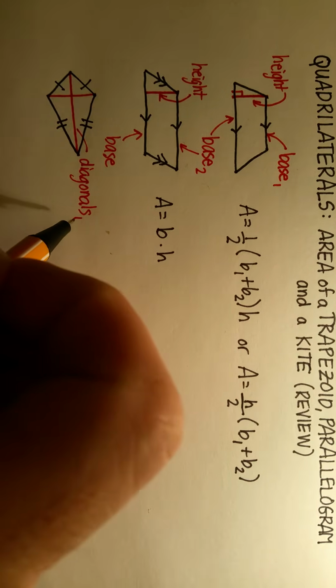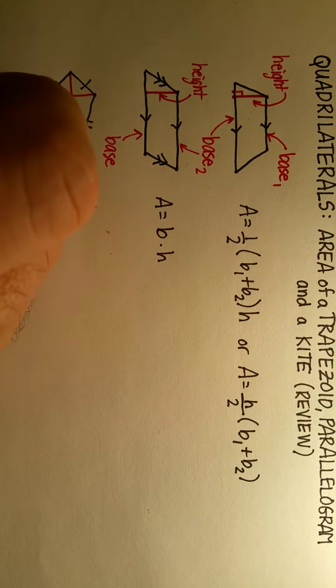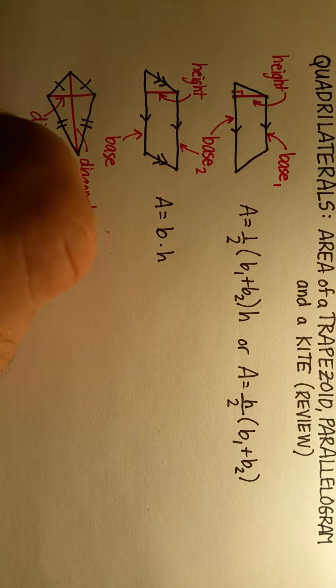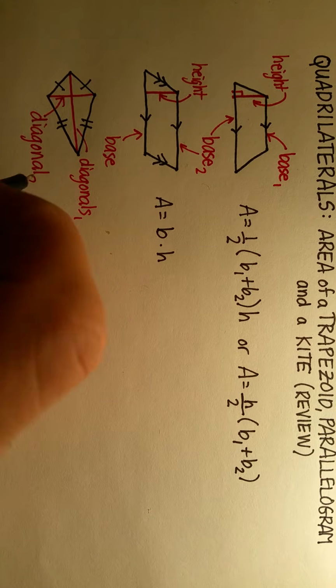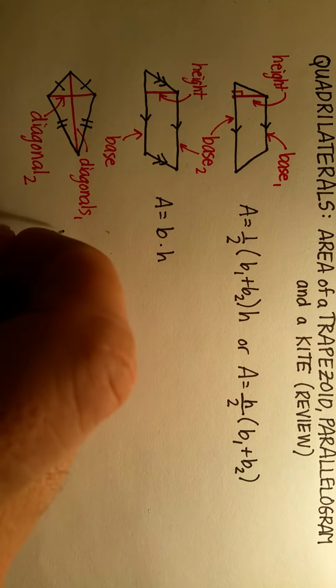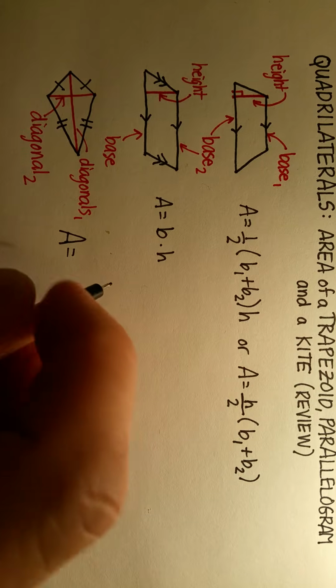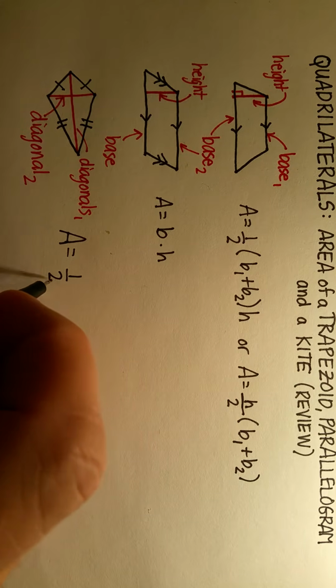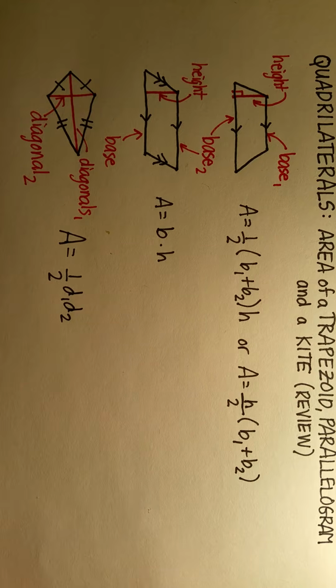They're usually indicated by a sub letter, diagonal sub 1, and we'll call this one diagonal sub 2. Okay? And that is important because the area of a kite is equal to 1/2 the length of the first diagonal times the length of the second diagonal.